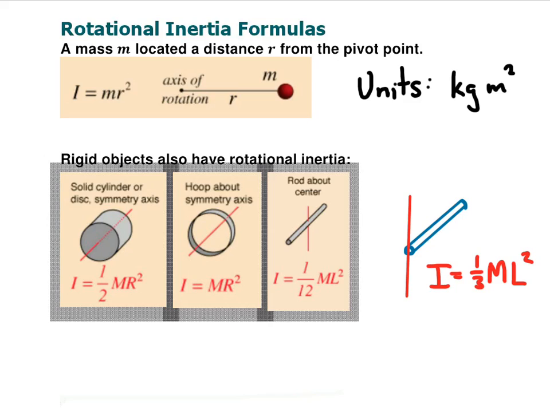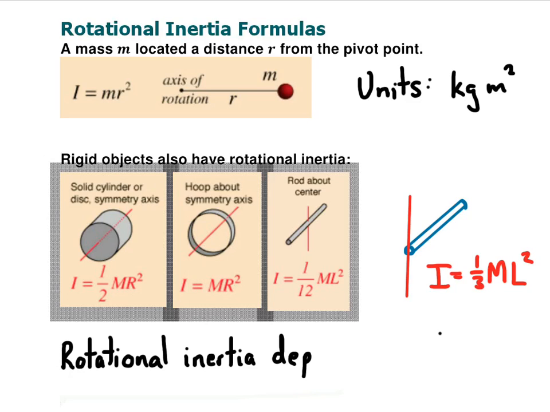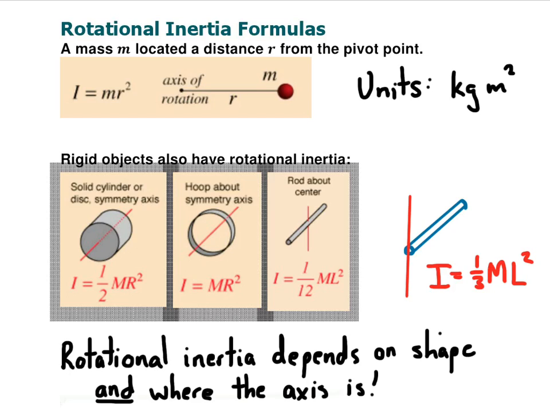You have to know not only what shape is rotating, but you also have to know where that axis of rotation is. So rotational inertia depends on the shape and where the axis is located. So be careful about that when you're looking up rotational inertia for these shapes.